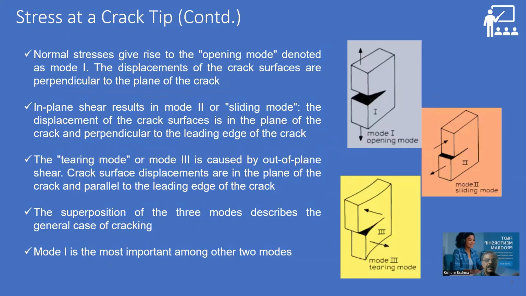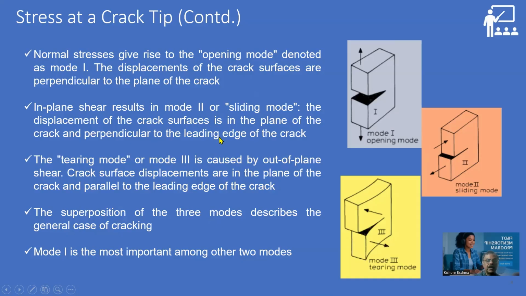Let us see the definitions of mode 1, mode 2, and mode 3. Mode 1, which is known as opening mode, is where the normal stress gives rise to the opening mode, denoted as mode 1. The displacements of the crack surfaces are perpendicular to the plane of the crack. In-plane shear results in mode 2 or sliding mode.